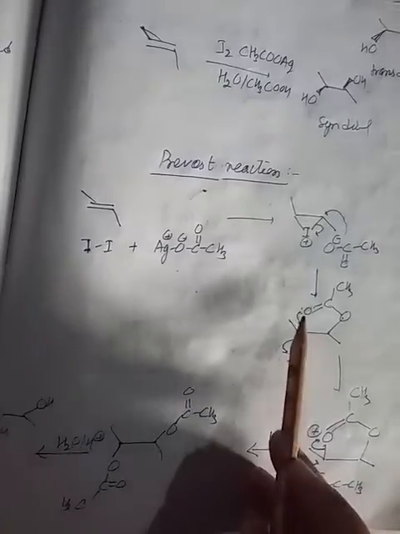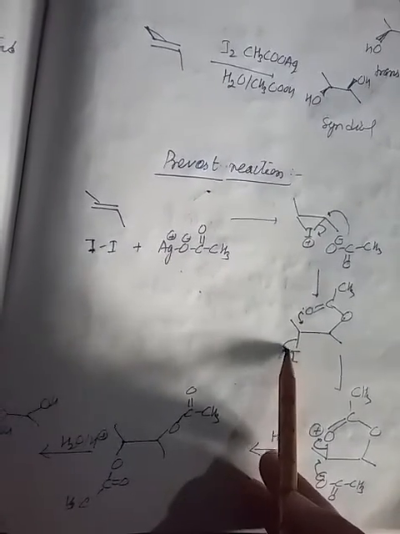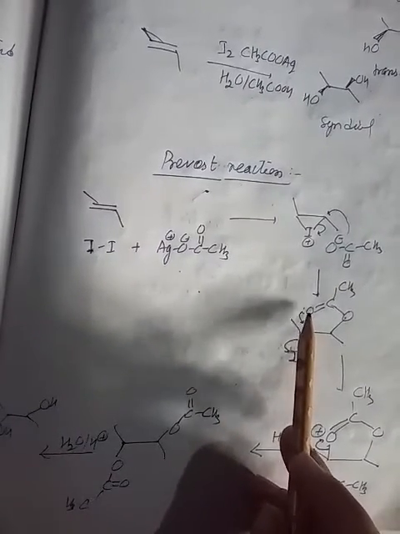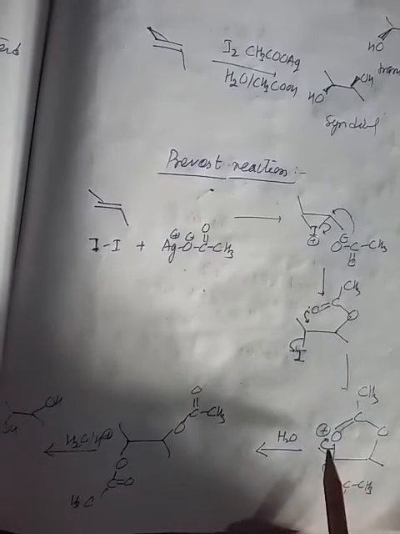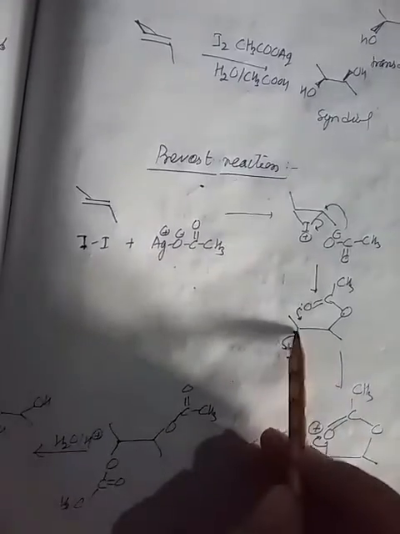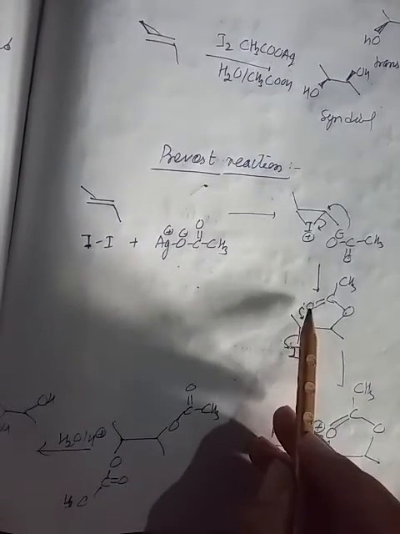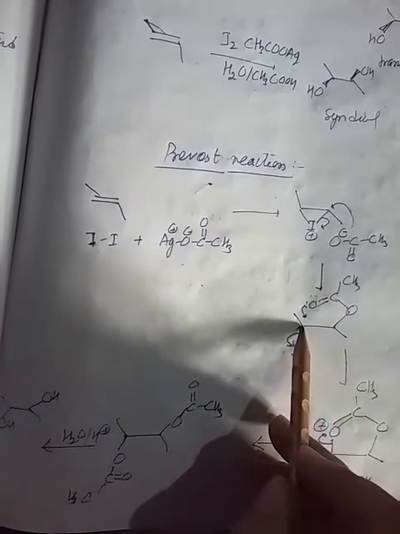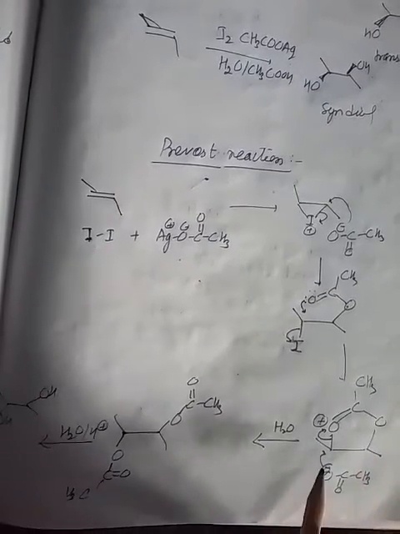cyclization takes place. This lone pair of electrons here, this is iodine, it comes out from here, and this lone pair of electrons attacks at this carbon atom. Okay, so there is a formation of oxonium ion. कौन सा ion? Oxonium ion. तो कुछ नहीं, iodine eliminates from here, and this oxygen has 2 lone pairs of electrons, they attack at this carbon atom, and it gives this type of cyclic 5-membered structure.